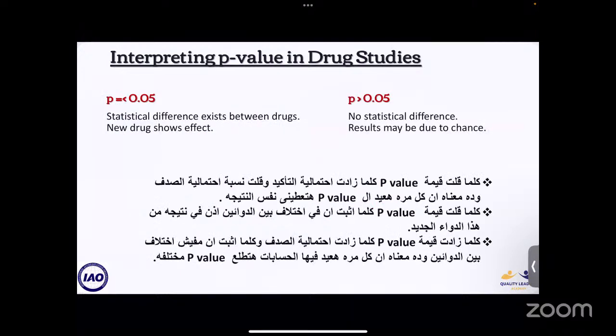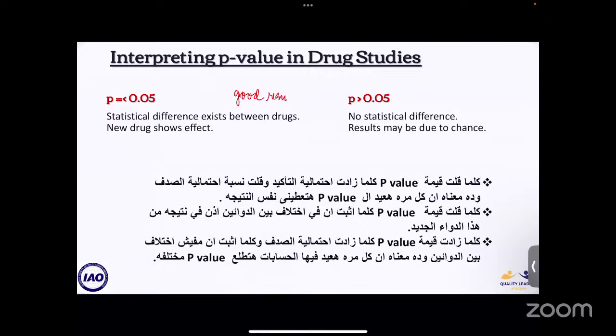Okay. So what about interpreting p-value in drug studies? Okay. So in here, for the pharmaceutical studies, what is the p-value? The p-value is a measure of, as I said, confidence level. If the p-value is 5% or less, this is a good result.